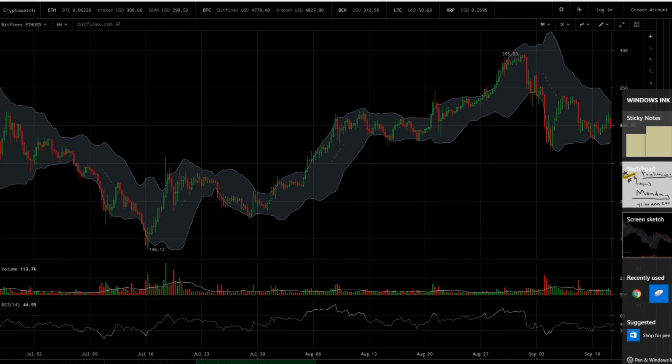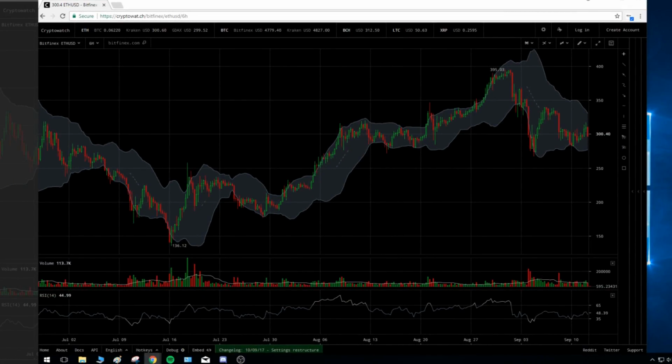For those of you that recall, there was a bear market a few months ago that bottomed out at 136, and it rallied for a couple months and topped out at 395. Looking at the 6-hour candles, we see we made one high, two highs. You could say maybe 3 highs here, but we won't count that. And then here's the third high right here.